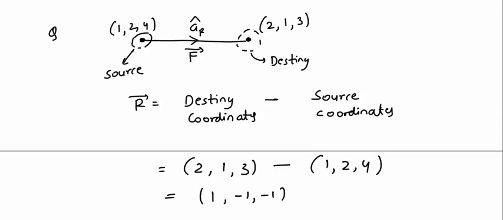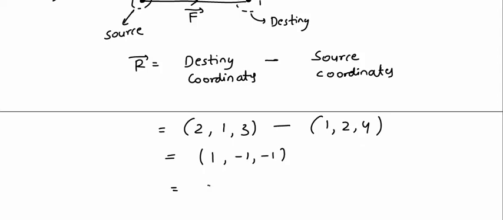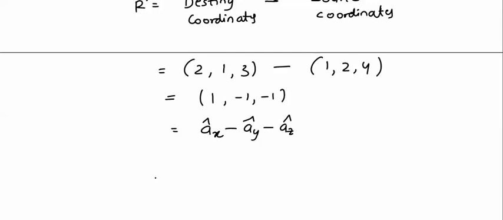I can write that in vector form: 1 ax vector minus 1 ay vector minus 1 az vector. This is the R vector.